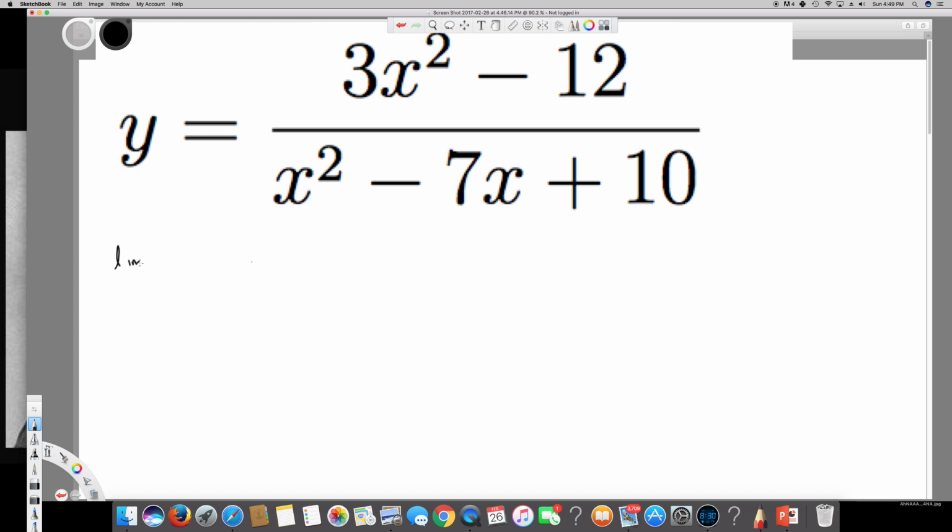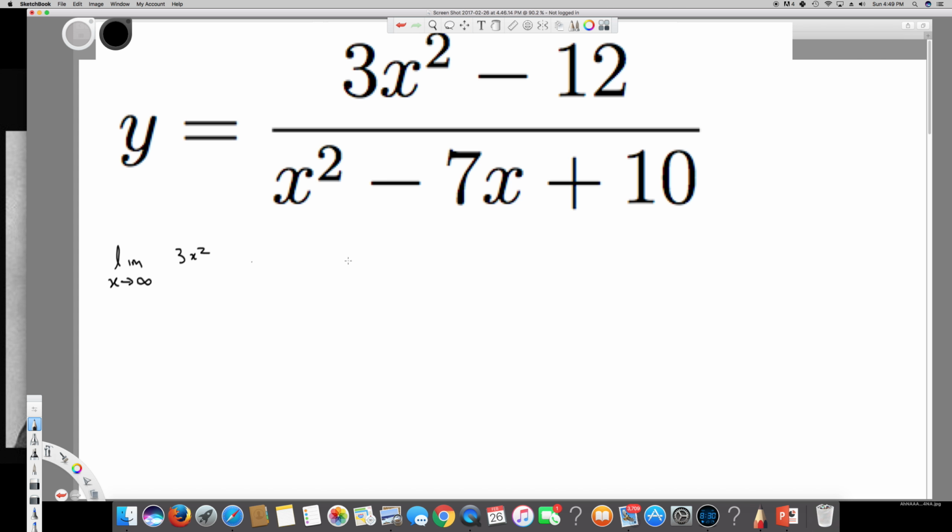So when limit x approaches infinity, I have to find the y value of this. It's going to be 3x square minus 12 over x square minus 7x plus 10. Since this is approaching infinity, we have to divide everything by the highest power.